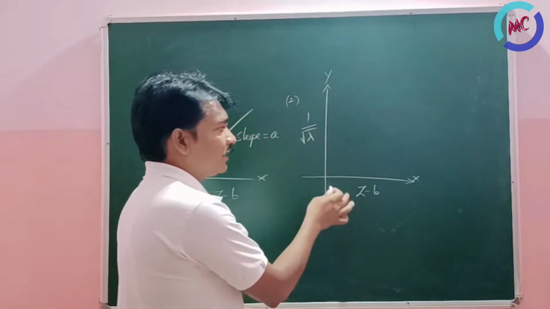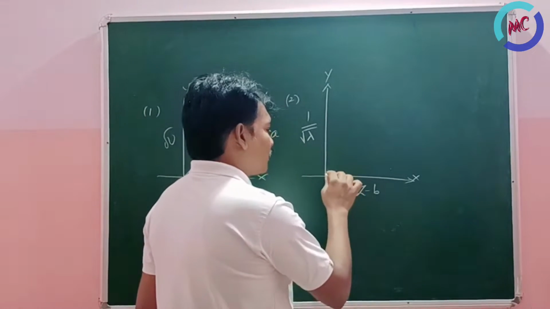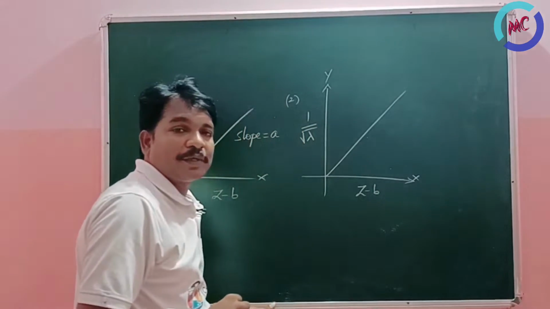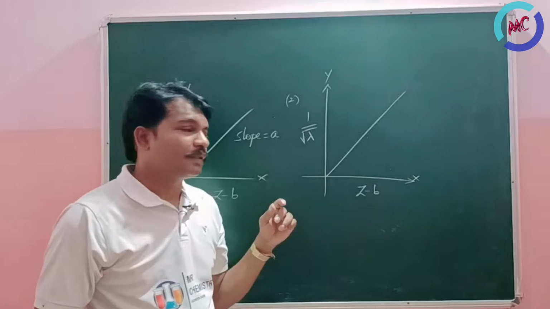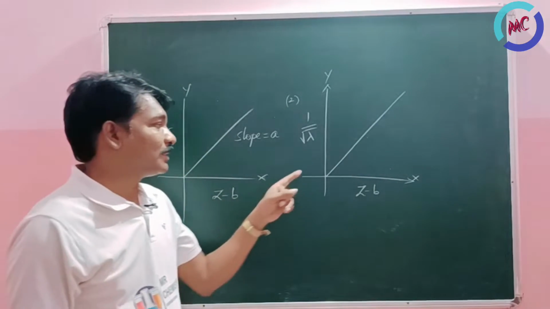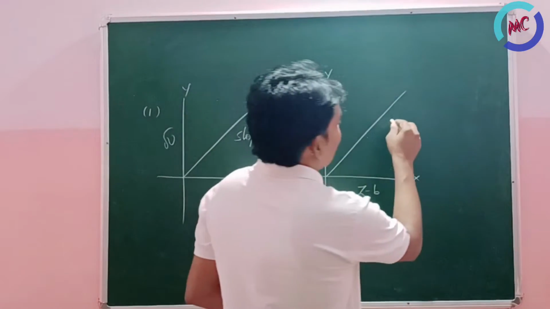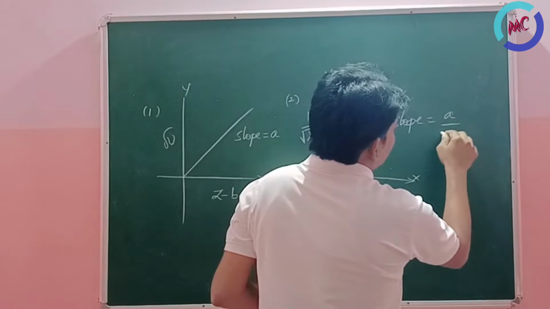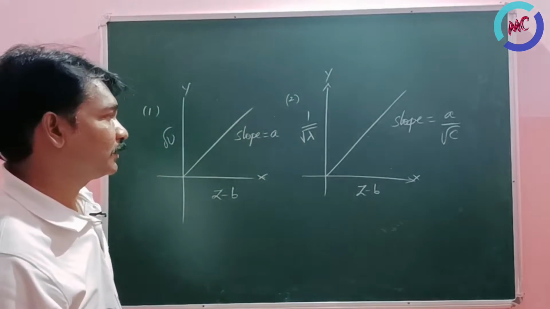Here these two are related reciprocally. Because of the directly proportional relationship, here also it gives a straight line passing through the origin. In graphs the general thing is, if two physical quantities are directly proportional to each other, it gives a straight line passing through the origin. And here the slope is A by root c. Here c is nothing but the velocity of light.